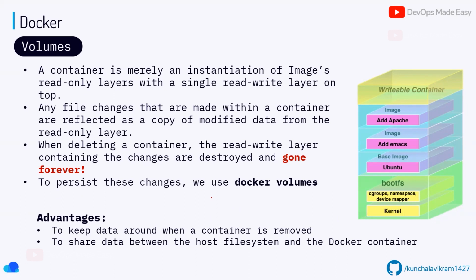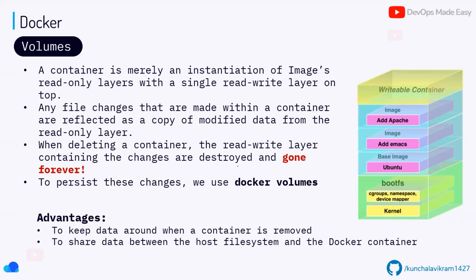Okay. So as we know, anything that we write to the writable layer is temporary. In case you want to persist those changes, you need to take a backup, and that's the reason why we use Docker volumes. In Kubernetes, we have a separate concept: Kubernetes persistent volumes, Kubernetes volumes.